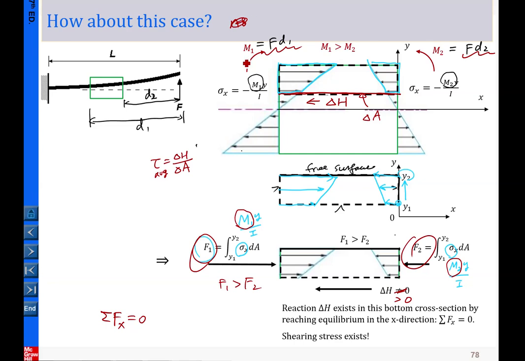M1 and M2 are not equal, so it is not pure bending. For the non-pure bending case, we should expect shear stress to exist in the beam, and that is the case I want to bring up to you.